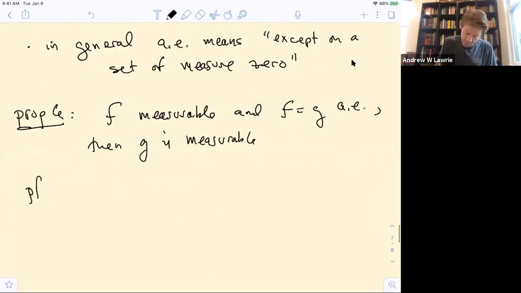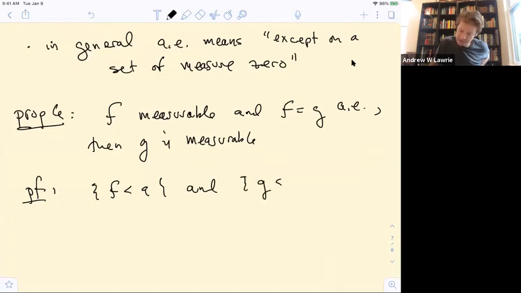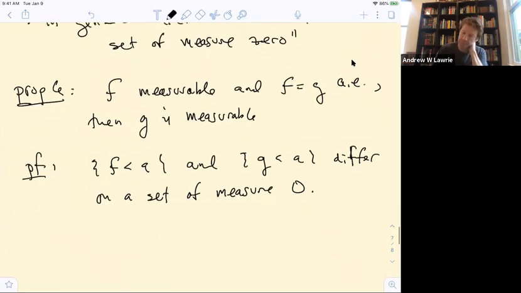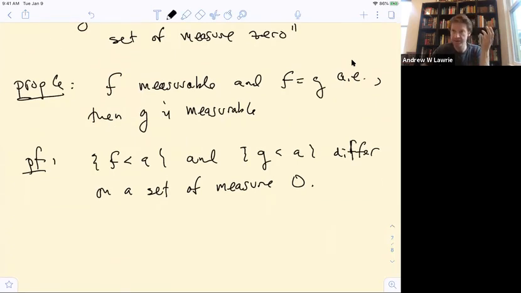And the proof: the set of x where f of x is less than a, and the set of x where g of x is less than a, can differ at most on a set of measure 0. Right, so you can write one set as the other set union a set of measure 0, and sets of measure 0 are measurable.